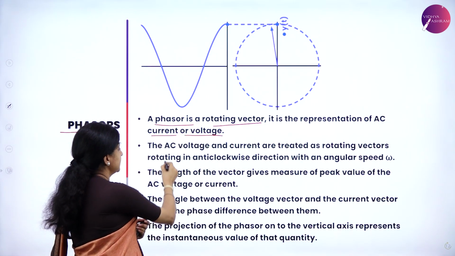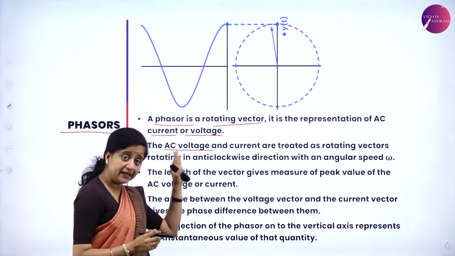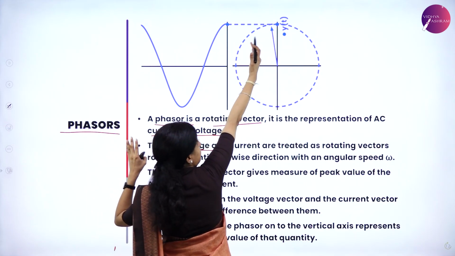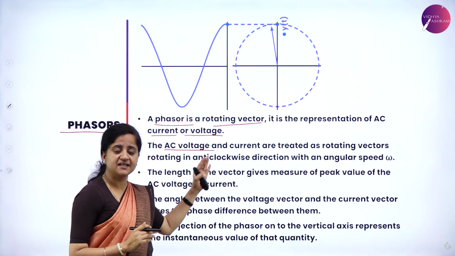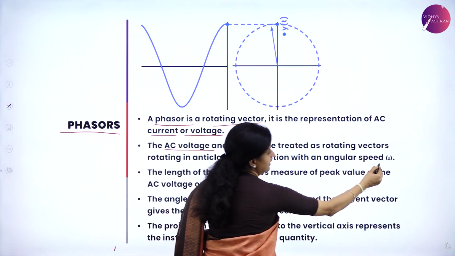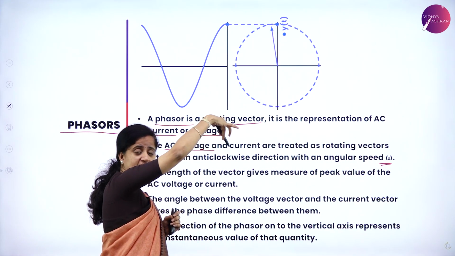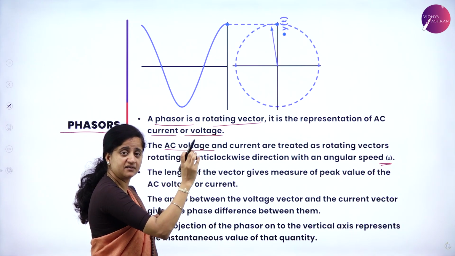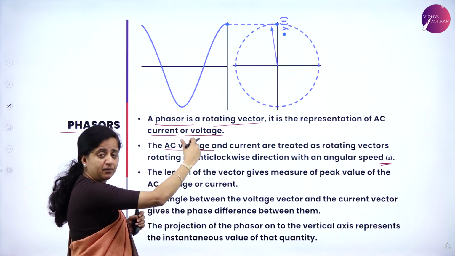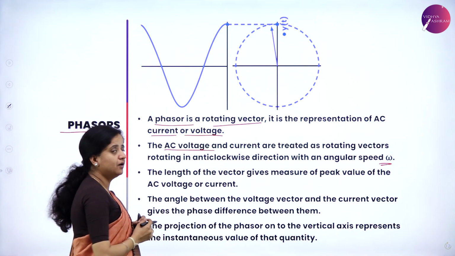The AC voltage and current are treated as rotating vectors which rotate in the anti-clockwise direction like this, with an angular speed called omega. Since it is rotating, it has some speed, so the angle changes from one point to another. The angular speed is denoted by omega.